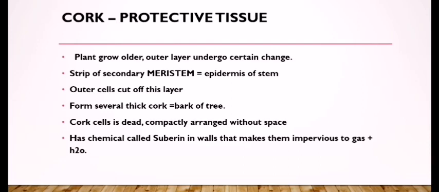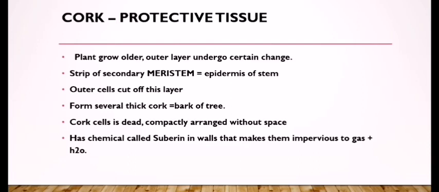How will you get the bark of the tree? When plants grow older and older, certain changes will happen in the outer surface. There will be a strip of secondary meristem, also called the epidermis of stem, which will cut the outer layer, and after cutting it you will get a thick cork, which is also called the bark of the tree.